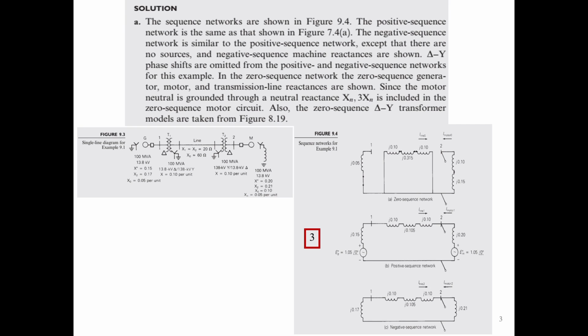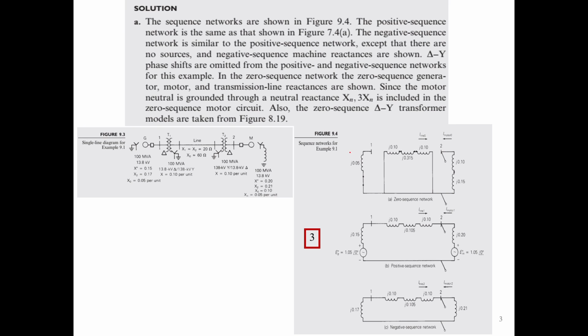Now the big problem for drawing this sequence network is that we have to deal with different connections of delta and Y. The flow of the neutral current will be reflected in the zero sequence.